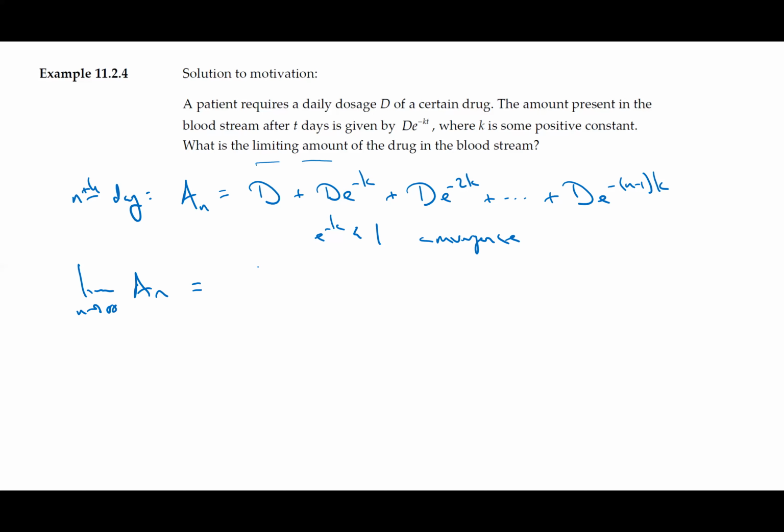Which was d over 1 minus e to the negative k. Okay, all right. So there is your limiting amount.